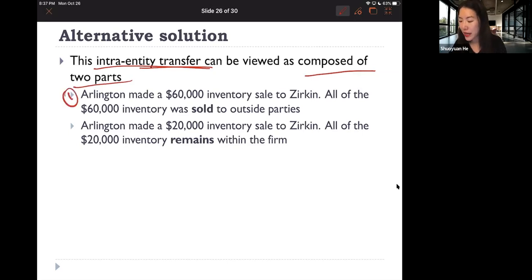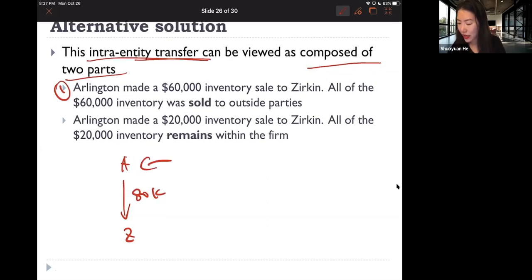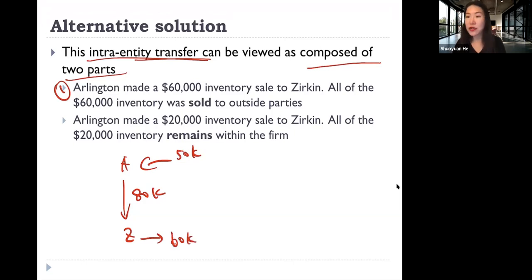So here we have Arlington and Zirkin. If you go back to look at the example, the third example was Arlington made an 80,000 sale to Zirkin. The original cost was 50,000, and Zirkin sold 60,000 to the outside party.